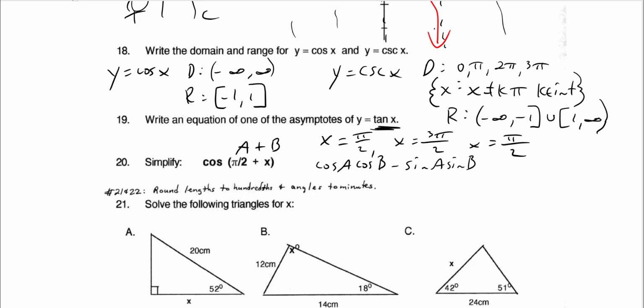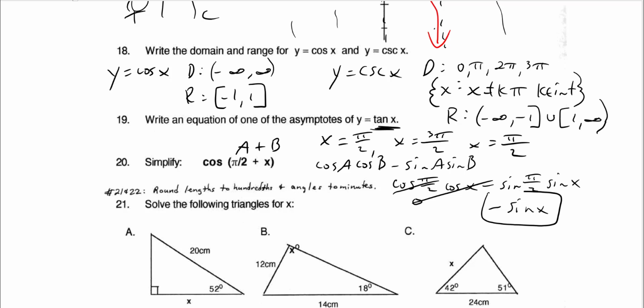So if you plug it in, we get cosine of pi over 2 cosine of x, minus sine of pi over 2 sine of x. Cosine of pi over 2 is 0, so that gets rid of the whole thing there. And sine of pi over 2 is 1. So it's negative 1 or negative sine of x. It's simplified. Okay, not bad.